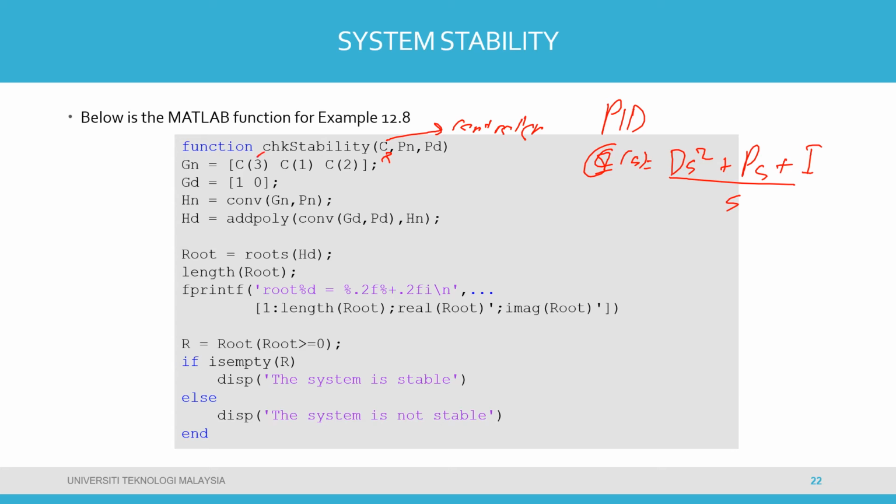You take the third one, the first one, the second one. So C is basically P I D. You insert the values here and they will be extracted inside here. So 1 0 is the s. Okay, so this is the controller and this is the transfer function, the whole system.